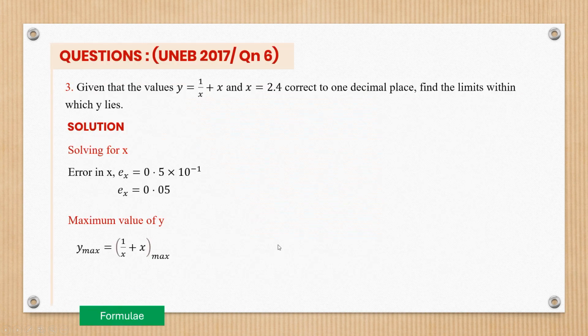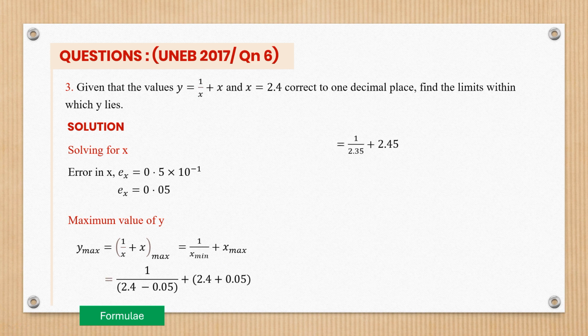So in this case, we'll have 1 over x min plus x max. So that means I'll have 1 over 2.4 minus 0.05 plus 2.4 plus 0.05, which shall give me 2.9 to 1 decimal place. That is because we've been told to do that to 1 decimal place.